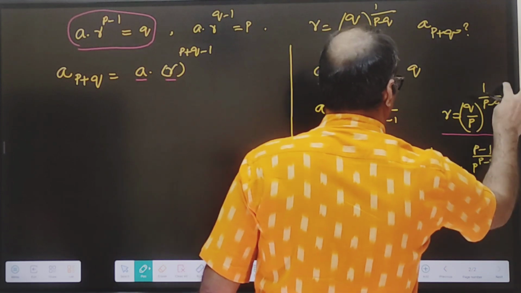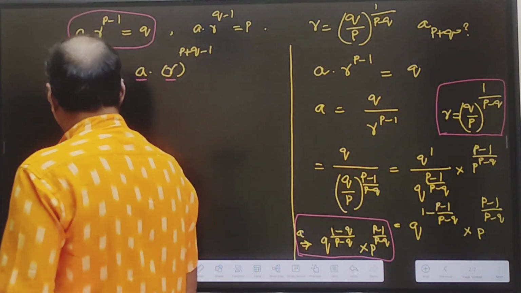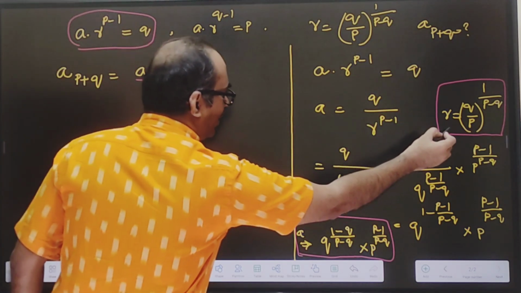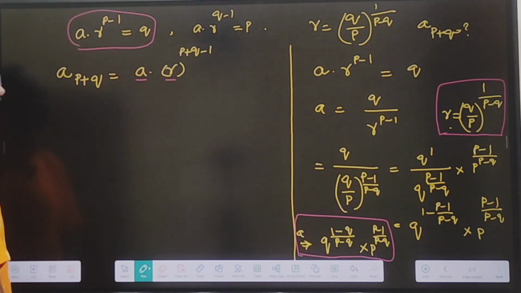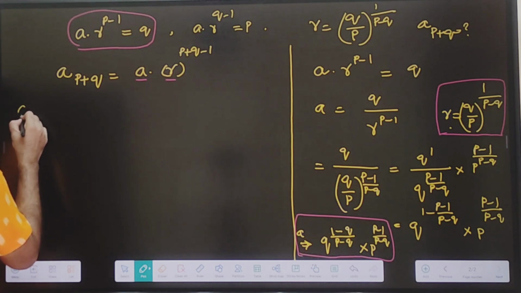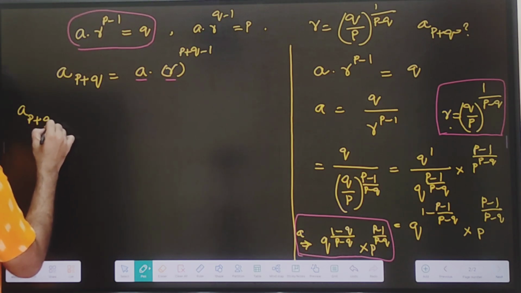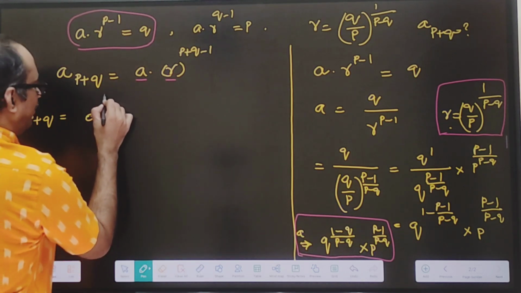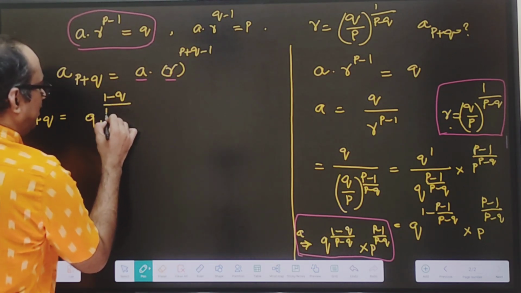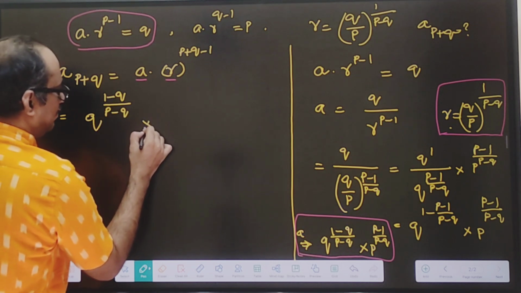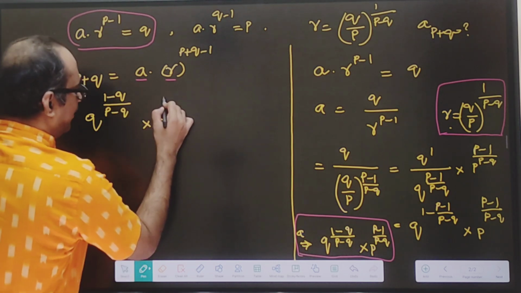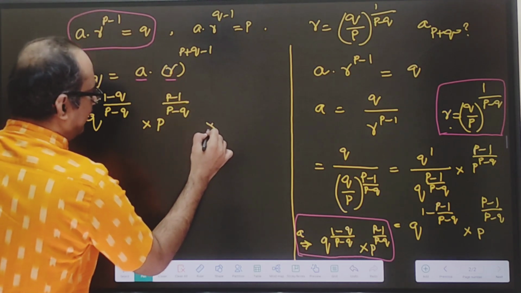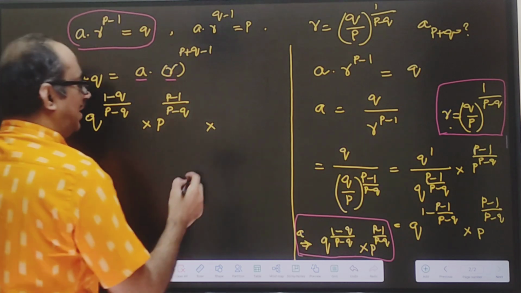We also know what R is. What we want is A into R to the power of p plus q minus 1. So whatever A and R values we got, let's substitute here. We'll write A of p plus q equals A, which is q to the power of (1 minus q)/(p minus q), multiplied with p to the power of (p minus 1)/(p minus q), multiplied with R to the power of p plus q minus 1.